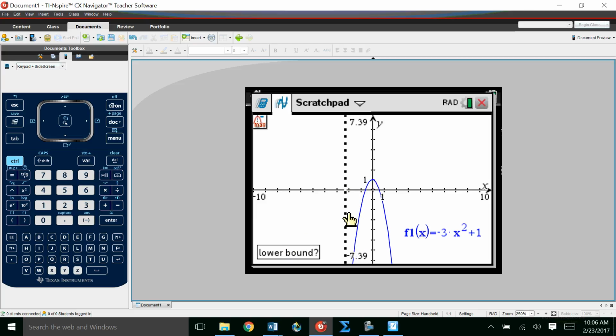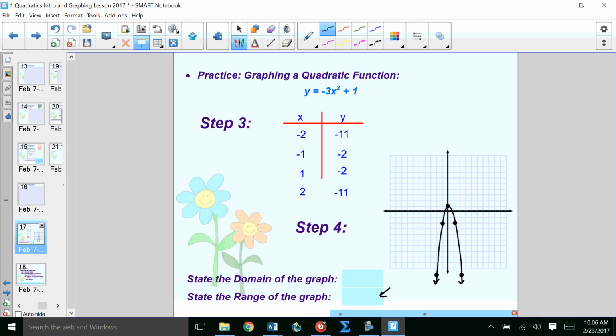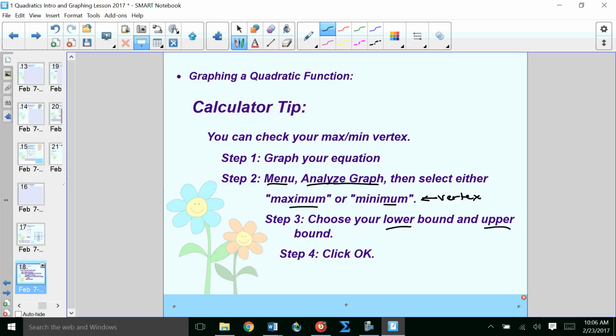Then we'll click once to the left of that maximum point and once to the right of the maximum point. And you can see that the ordered pair 0, 1 comes up, telling us that this point right here is 0, 1. And that does check out with what we found our vertex to be. So you can always use that if you're doubting your vertex work and whether that's correct.